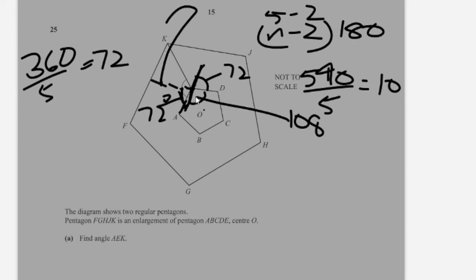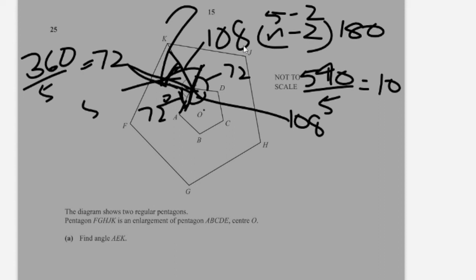So we would have the sum of these two angles as 360 minus 72 plus 72 plus this angle, which is 108, and that would give us 108, which is also vertically opposite to this angle. And now we divide this by 2, and this gives us the value of the angle between JO and this line.